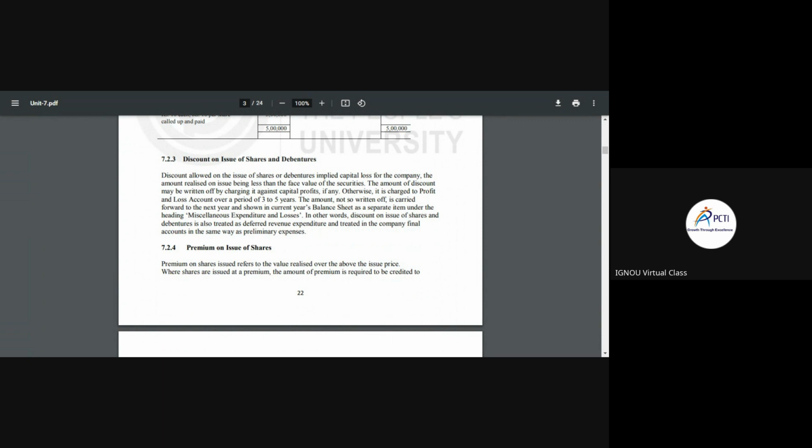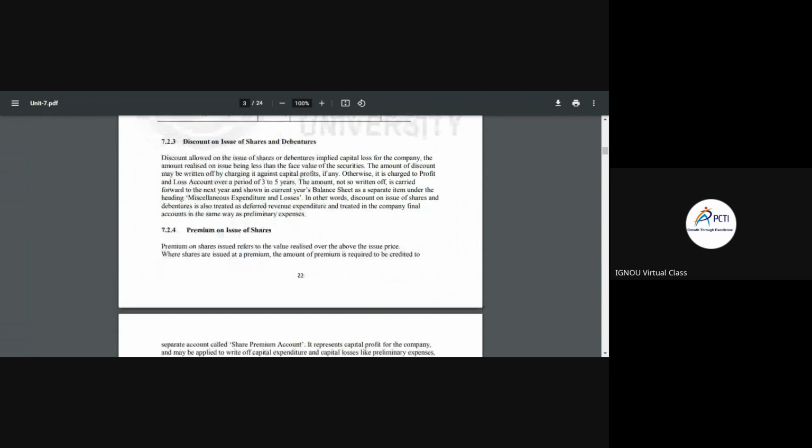So discount on issue of shares and debentures is also shown in miscellaneous expenditure and losses, or it can be treated as a deferred revenue expenditure, if the company treats it as a preliminary expense, in the same way in the final accounts.